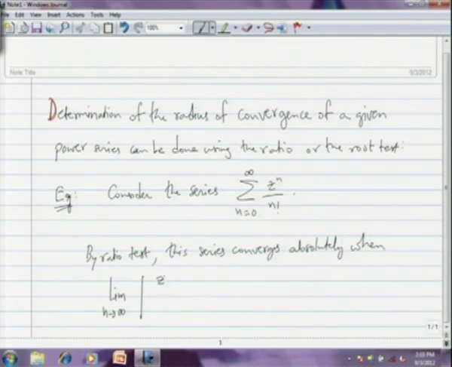So, the n plus 1th term in this series is z power n plus 1 by n plus 1 factorial, divided by z power n by n factorial, the nth term. The absolute value of the n plus 1th term divided by the absolute value of the nth term is strictly less than 1.